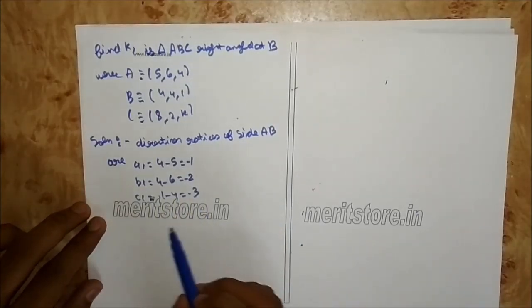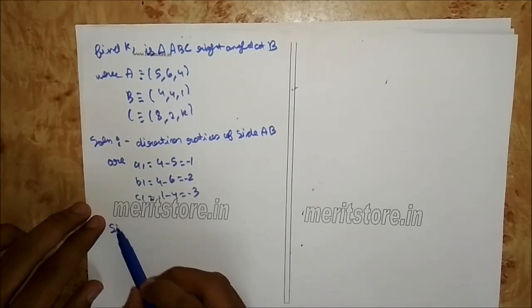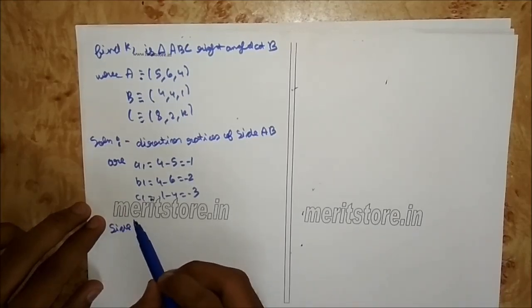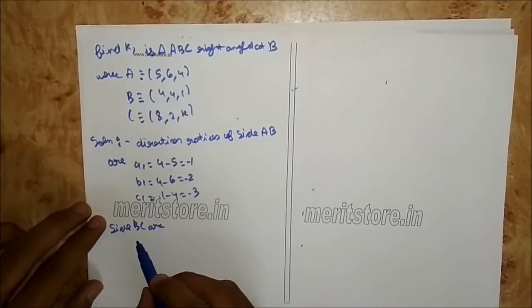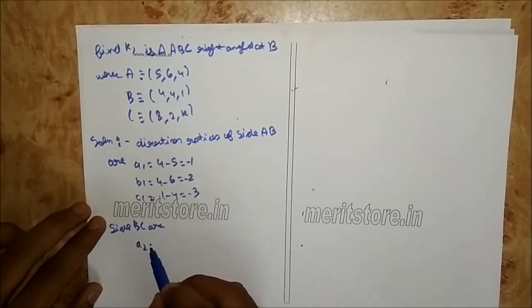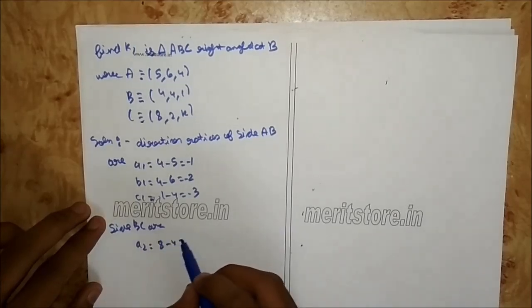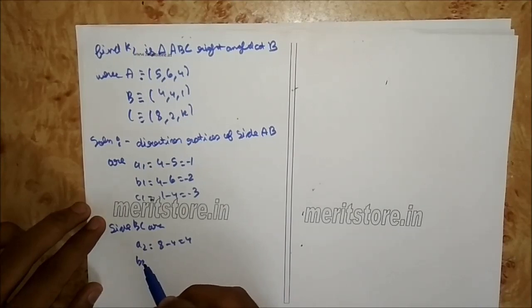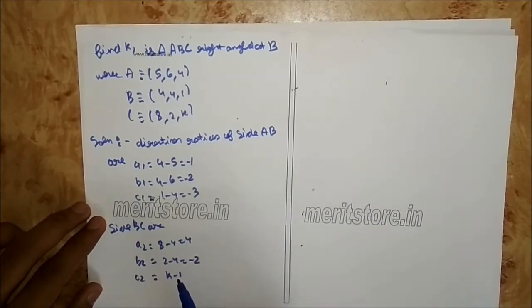The direction ratios of side BC are A2 is equal to 8 minus 4 is 4, B2 is equal to 2 minus 4 is minus 2, C2 is equal to K minus 1.